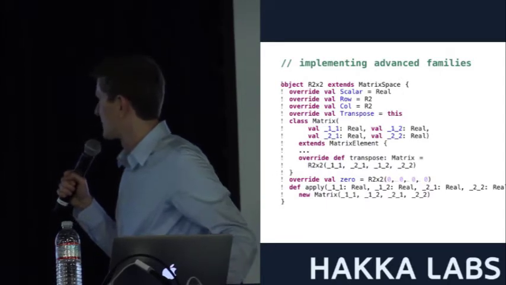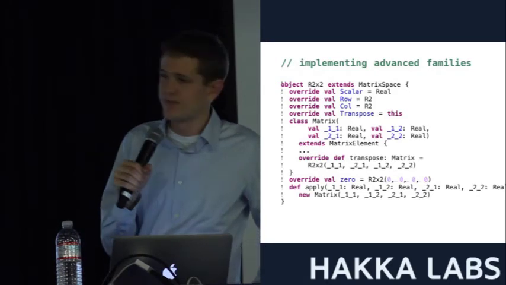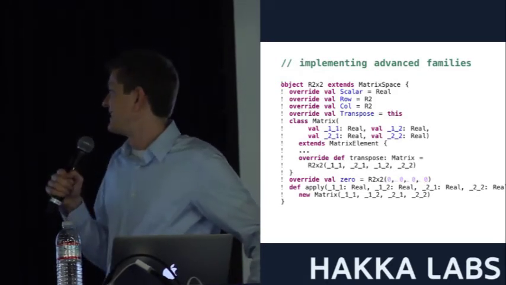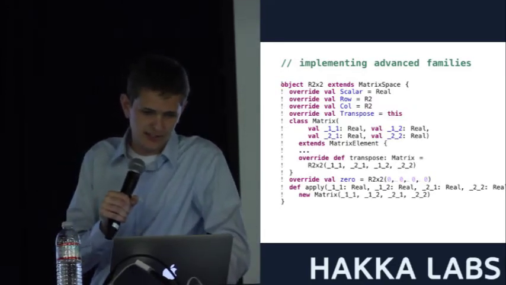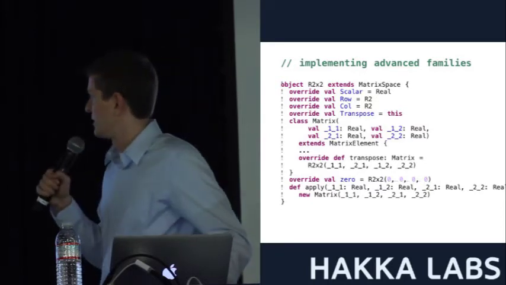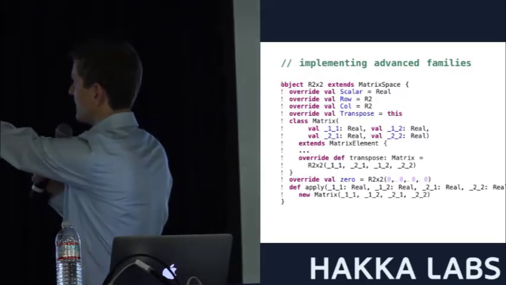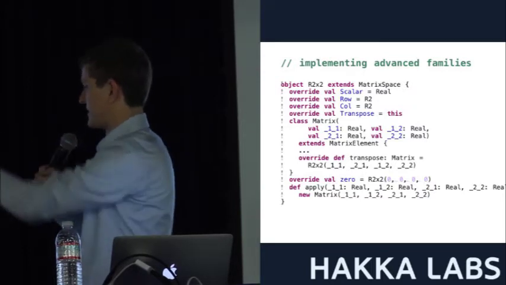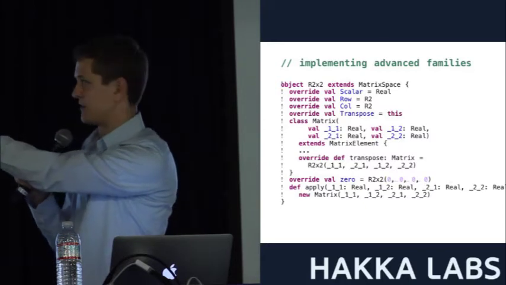And so what does it look like to implement this? Because admittedly, there were a lot of type incantations in that matrix space, and it's not going to be fun if you have to specify these all over the place. So let's do a 2x2 real matrix space. Like with the R2 field, we just define the stable value scalar, which is the path that identifies the types of all scalars in this space.